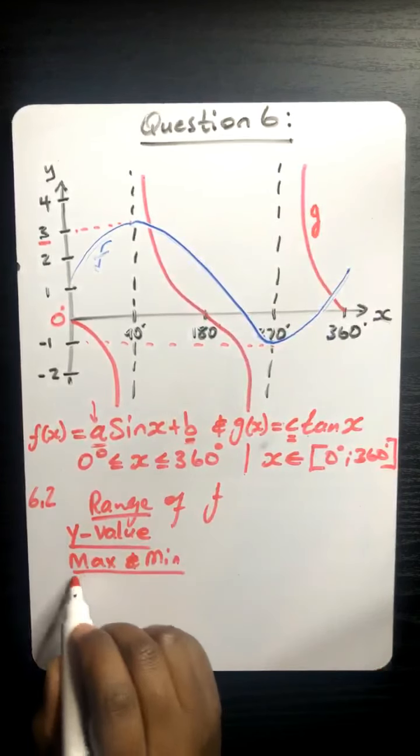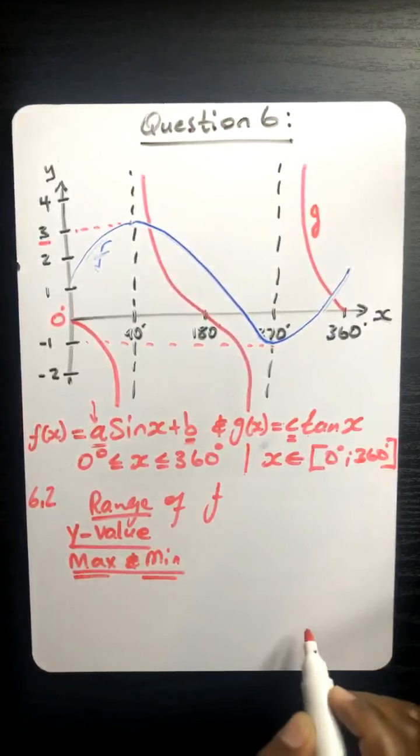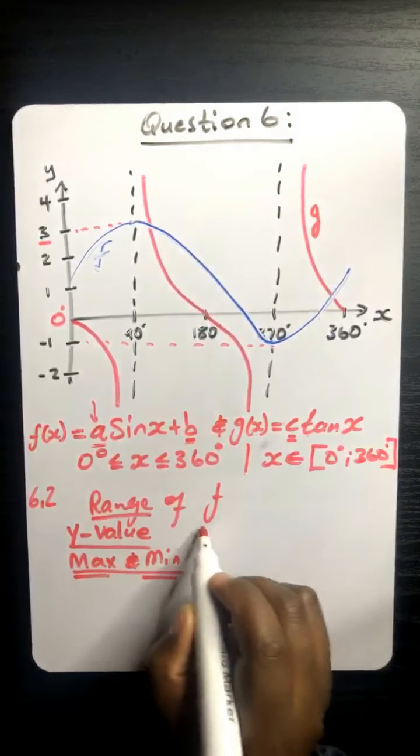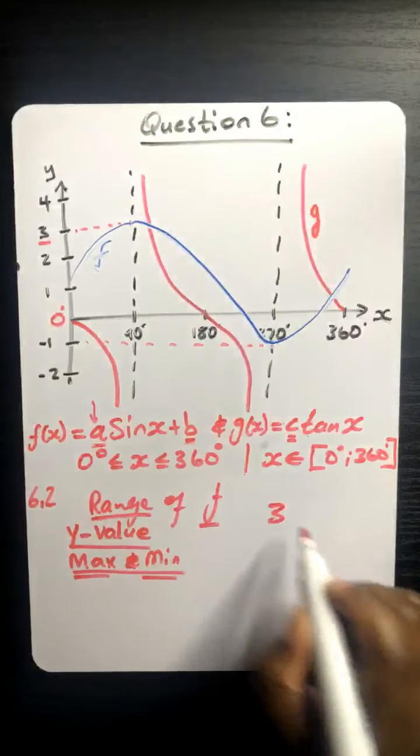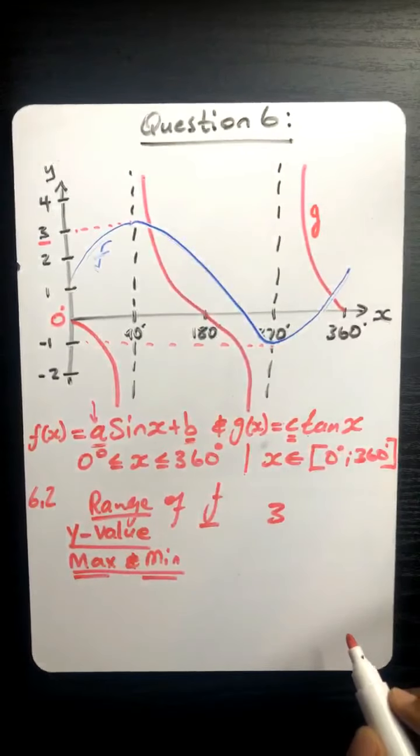This is the range, the max and the min. What is the maximum value for f? 3. What is the minimum value?